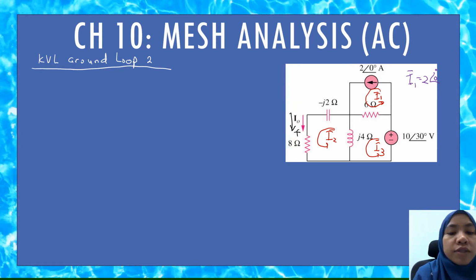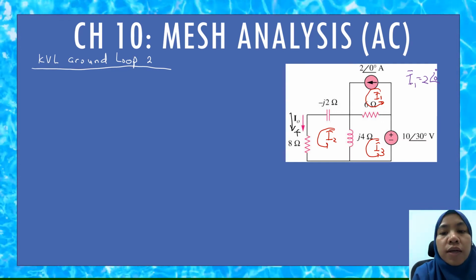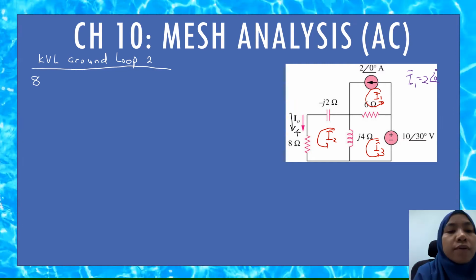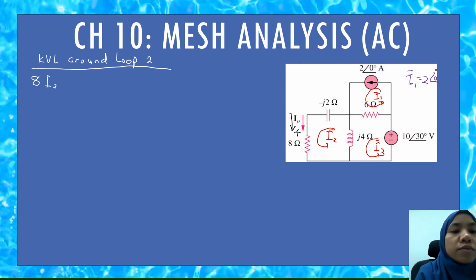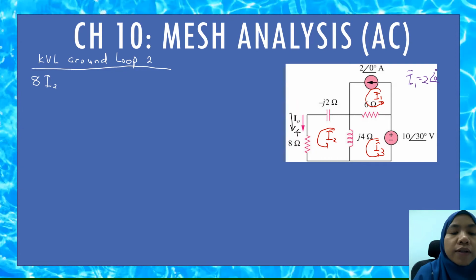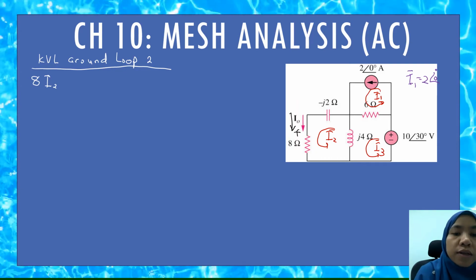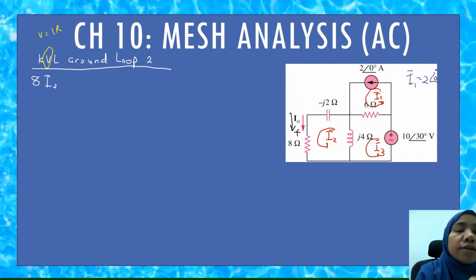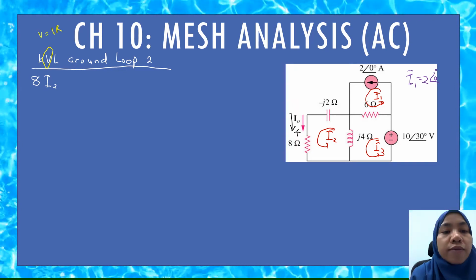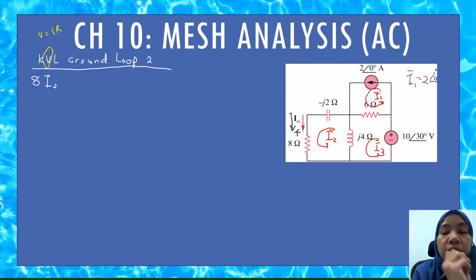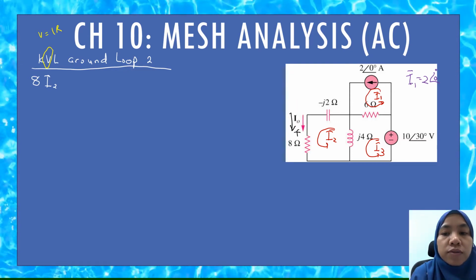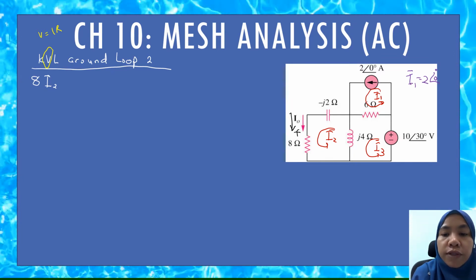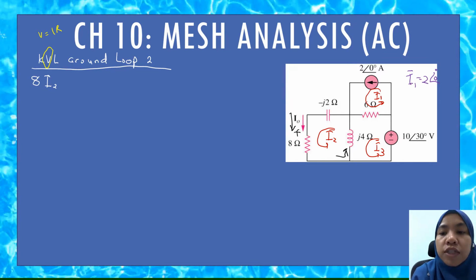And then we just write down the equation. 8 ohms is only in the I2 loop. Since the value of interest is V, you need voltage equal to IR. The R is 8 ohms and I is I2, and then the current will be flowing into j4.